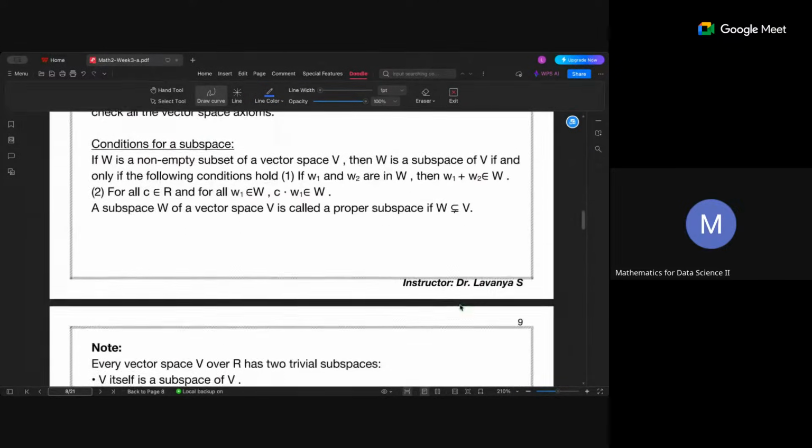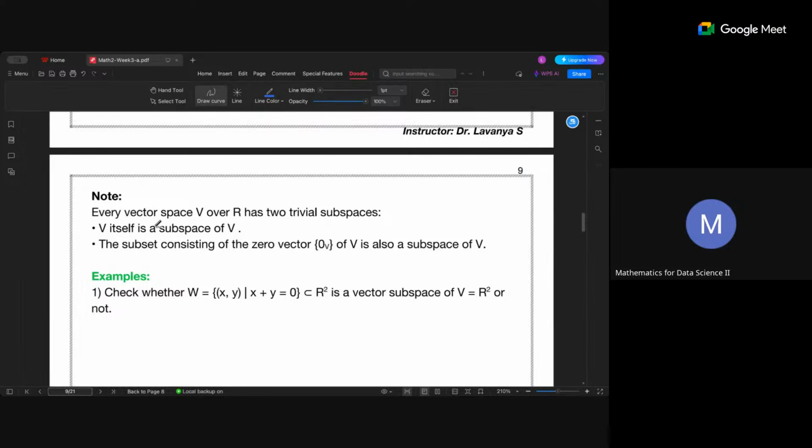Okay, so let's see some examples here. For any vector space V, V itself is a subspace of V, because V is always a subset of V, and we already know that V is closed under addition and scalar multiplication. So this is a subspace. Okay, and also the zero vector, in the sense the additive identity, only this singleton set is also a subspace.